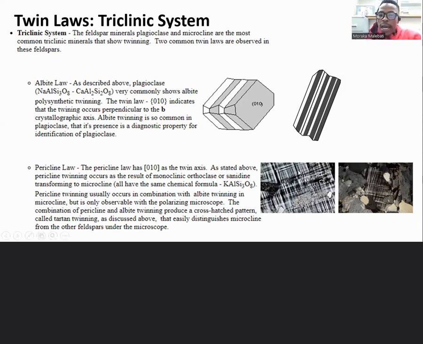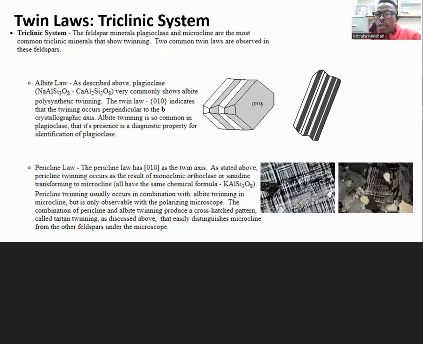When it shows the crosses, we call it a cross-hatched pattern, or if you don't want to say cross-hatched pattern, you can say tartan twinning. This tartan twinning will easily help you know that we are talking about a microcline, as distinct from other feldspars such as orthoclase.